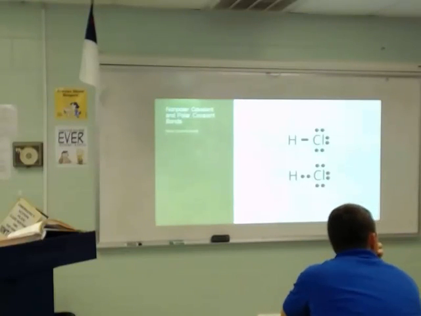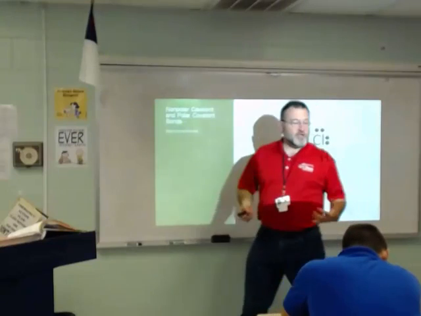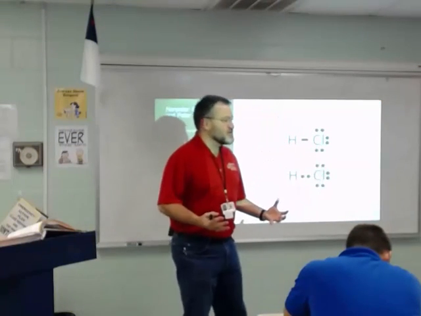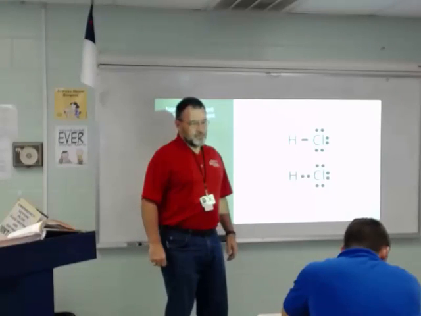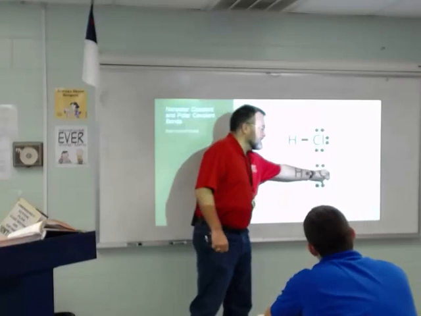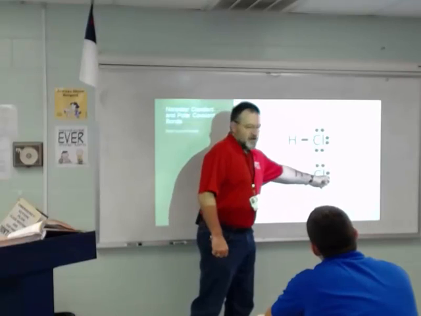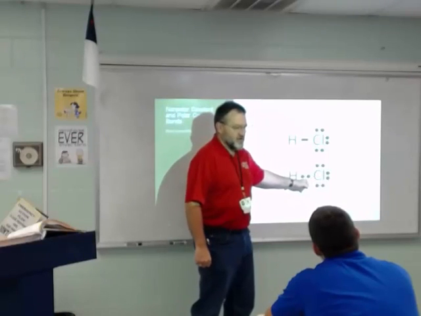We'd say that chlorine has a higher electronegativity. Translating that, chlorine is exerting more force to get an electron than hydrogen is. Chlorine is giving more energy in the effort to gain an electron than hydrogen is.